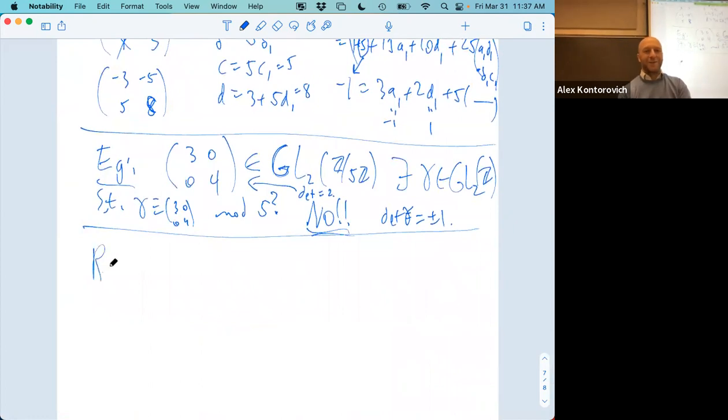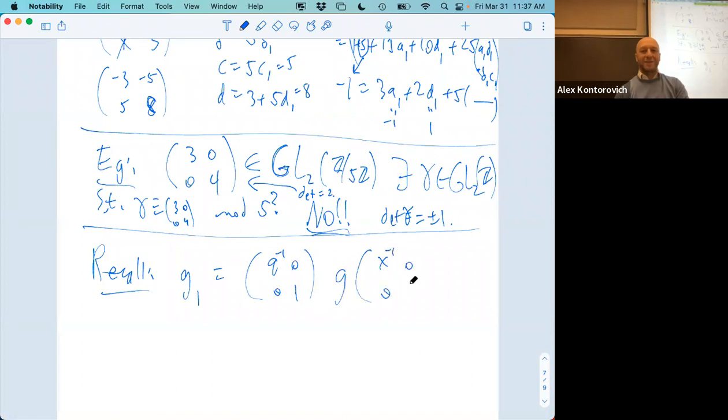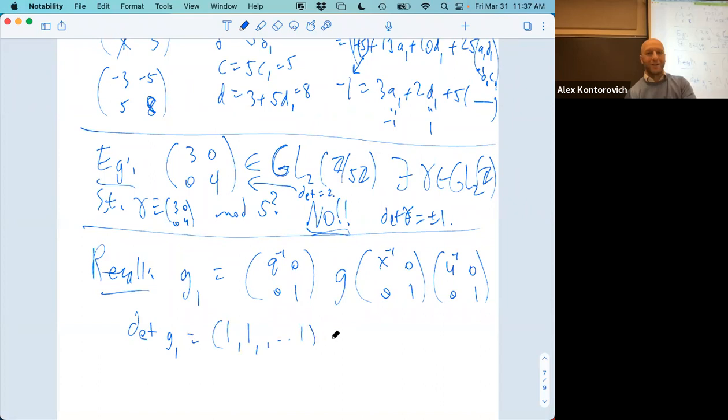So recall, G1 is this matrix Q inverse 0, 0, 1 times our original G times X 0, 0, 1. And if you like, let me put this unit back in here. So this has determinant exactly 1. The determinant is 1 everywhere. Okay, the determinant of G1 is an adele, and that adele is 1, 1, 1, 1, 1, 1. So far, so good.